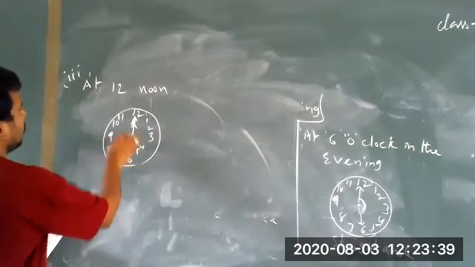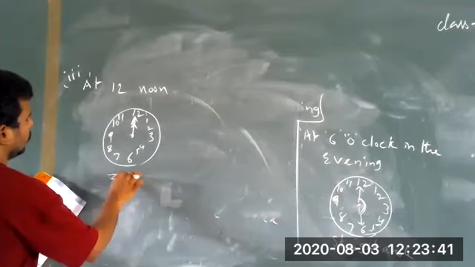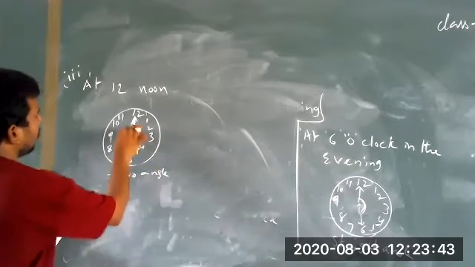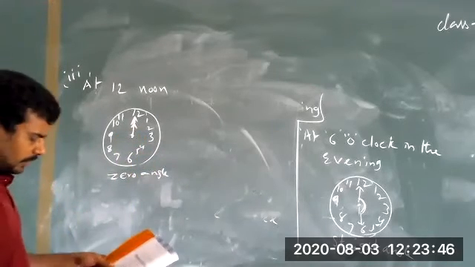So this is 12 noon. Which angle, children? Zero angle. No angle is found here. So it is a zero angle.